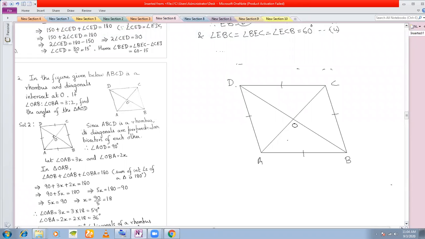If angle OAB, which angle are they talking about? They're actually talking about this angle, this green one. Angle OAB is to angle OBA. They're talking about these two angles. The ratio of these two angles is given to be 3:2.